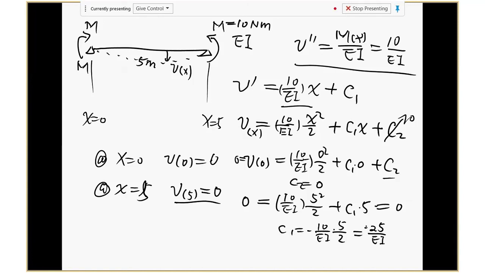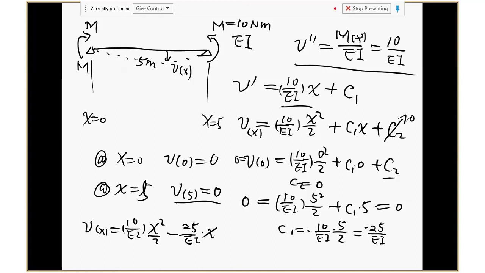Okay, so now we have this V. So V(x) will equal 10 EI x squared over 2, actually minus 25 EI, times x. Right?